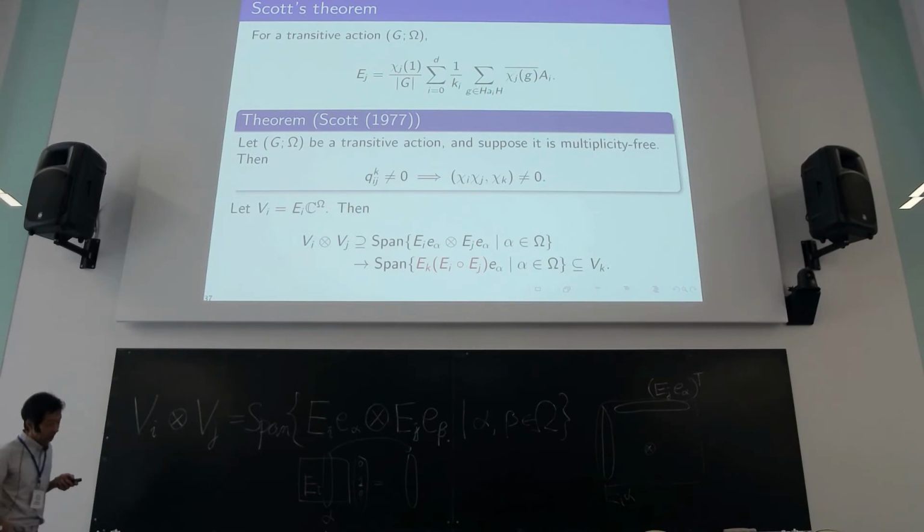So it means that you have a copy of Vk, I mean an isomorphic copy of Vk, because Vk is irreducible, found in Vi tensor Vj. So that is why this Vk lives in this tensor product. So the tensor product coefficient which gives the multiplicity is non-zero. So once you understand these two-line formula, the proof isn't so difficult.